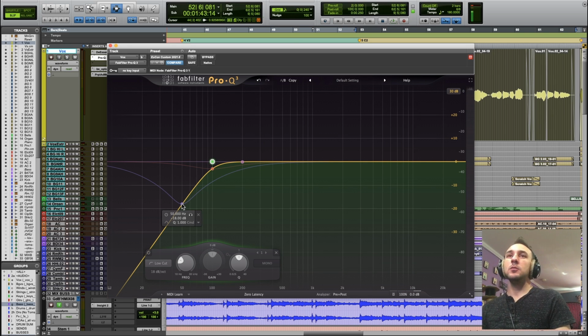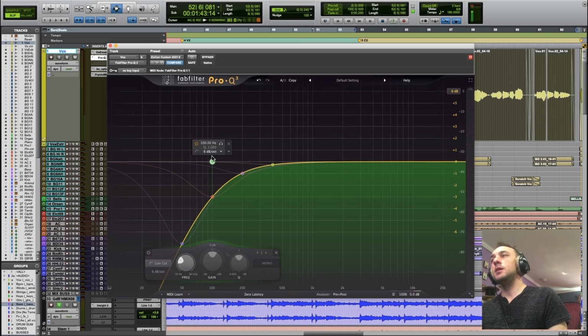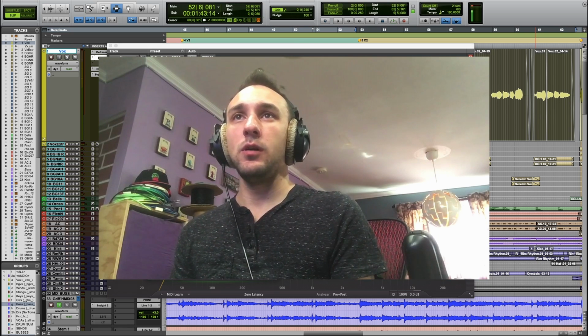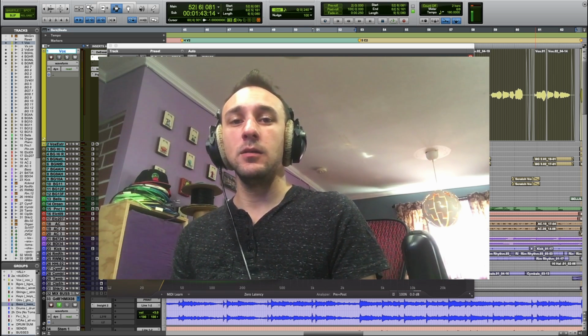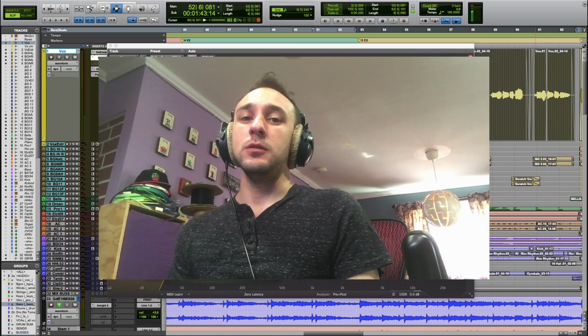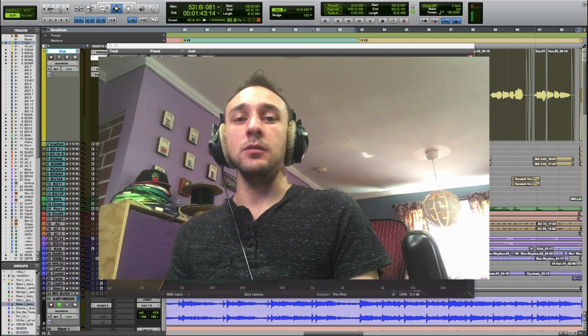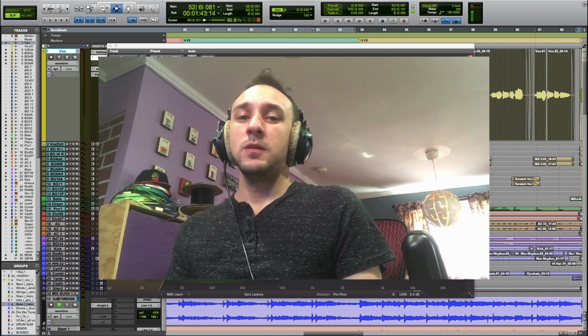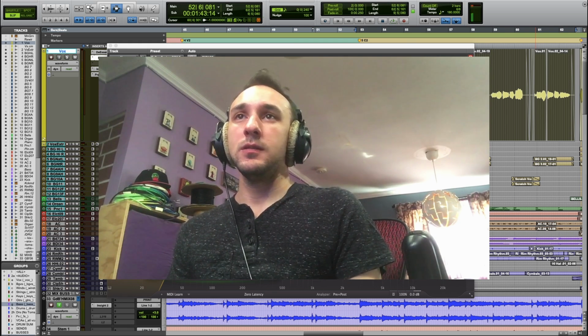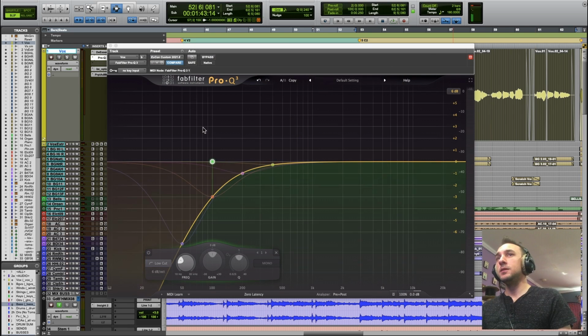So slope is something to keep in mind. If you think of a high pass filter as this brick wall that's going to eliminate any low frequency rumble or artifacts that you don't want in your mix, you have to consider the slope, because as you can see with this 6 dB filter, even though the filter is set at 100 hertz, we're still getting a lot of 50 hertz through.